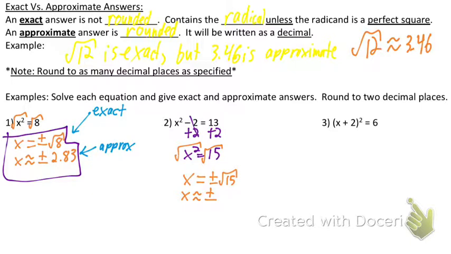All right, raise your hand if you want to share what you got. What did you get to 2 decimal places? 3.87. Very good. 3.87 is the approximate. Now, do I need to label which one's exact or approximate, or is it pretty clear to tell? The symbol is one way to tell, the equal sign versus the approximate symbol, the squigglies. And you'll see one with the decimal and one with the radical, right? Very good.